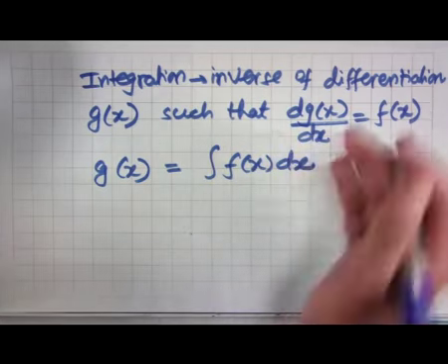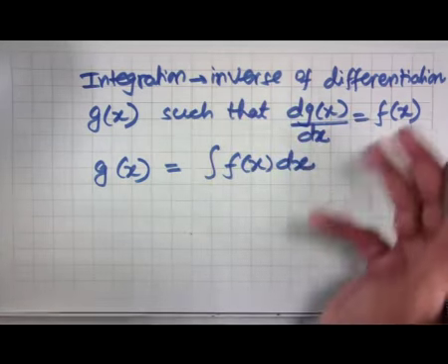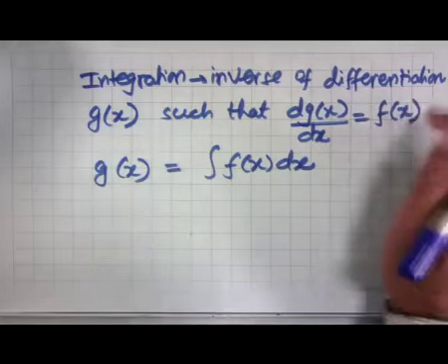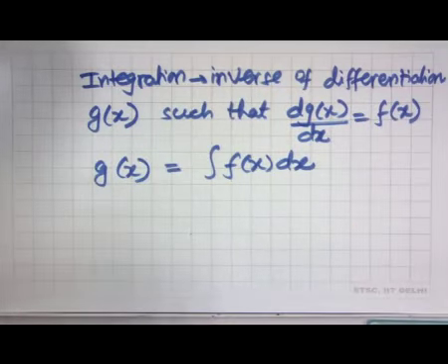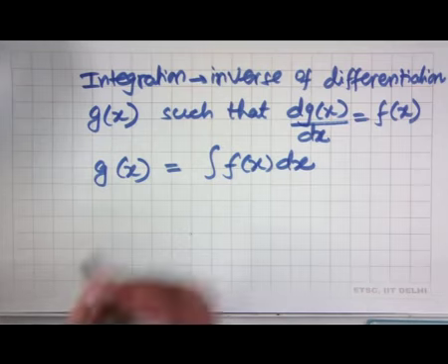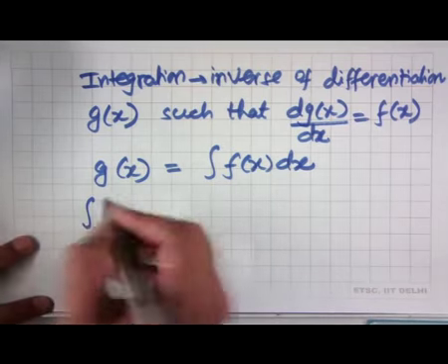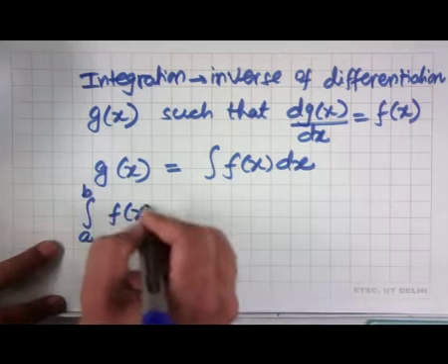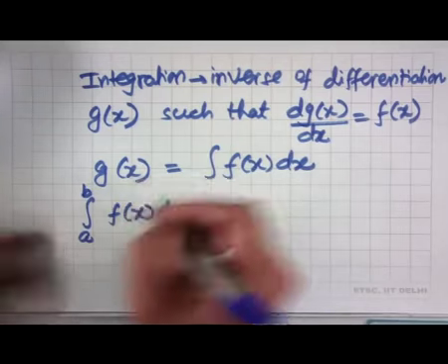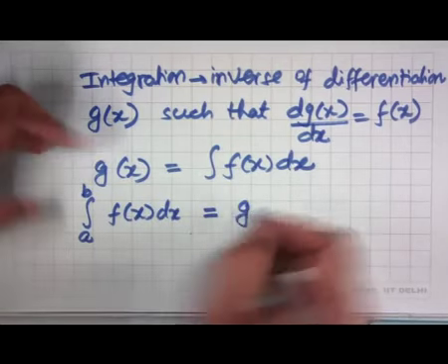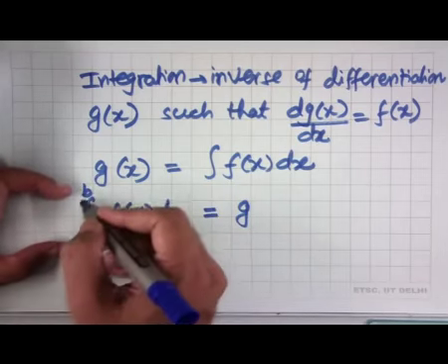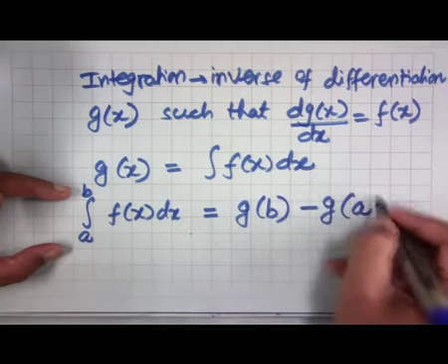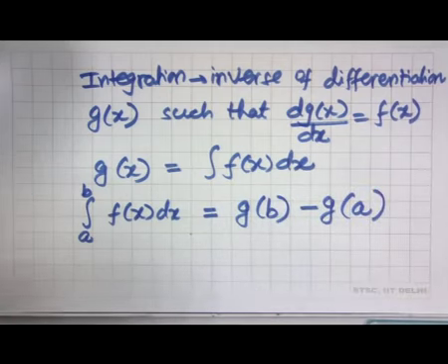So, in that sense, integration is the inverse of differentiation, because if dg by dx is equal to f, then the integral of f is equal to g. And if we say the integral from a to b of f x dx, when we put limits here, this will be equal to g b minus g a.